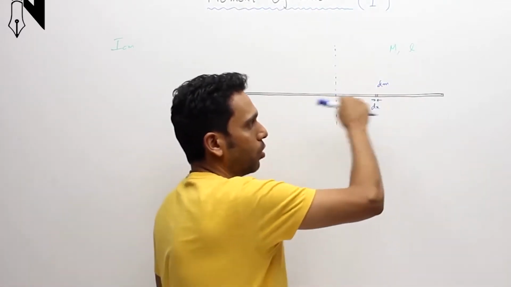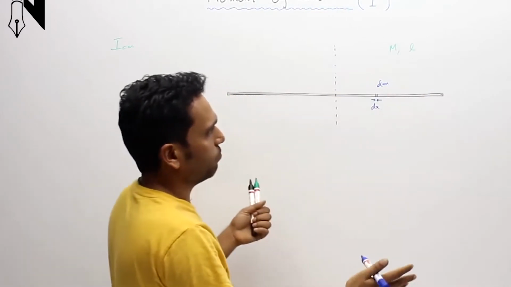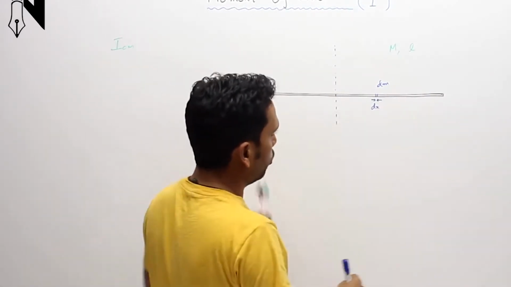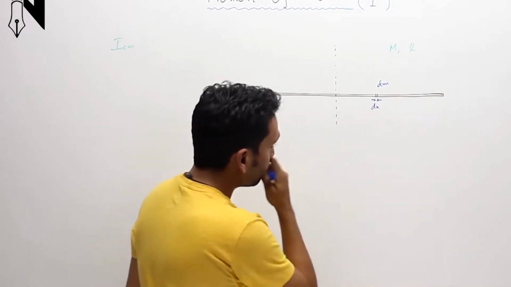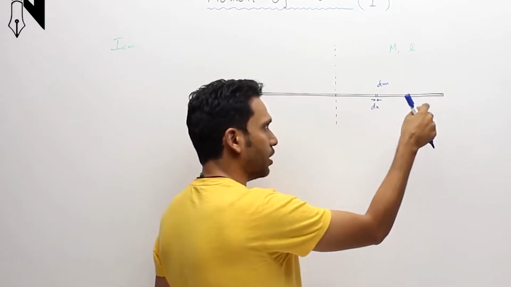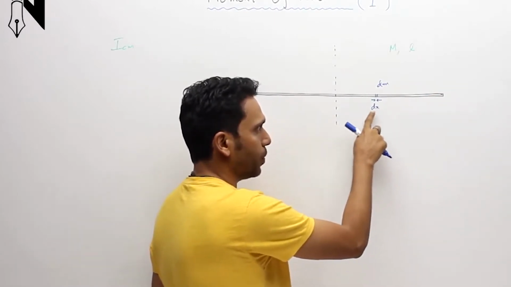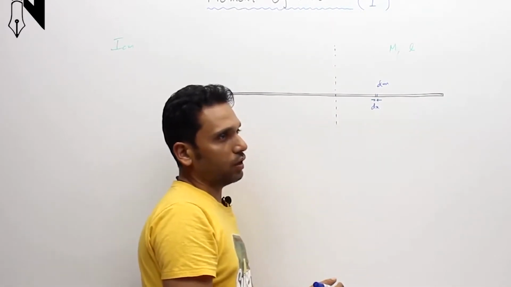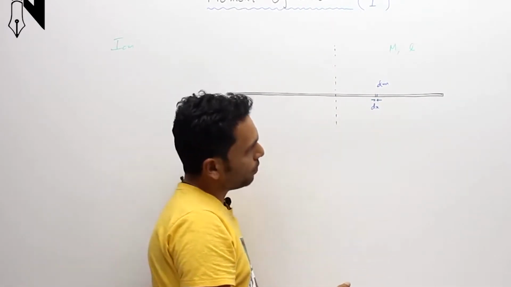There we had small dots, some 5 to 10 of them, which would be counted. Here it will be numerous dots, but the method will be the same. We assume each to be a dot, but the dots are so close that they lie in the span of dx, and that is how we proceed to find the moment of inertia.